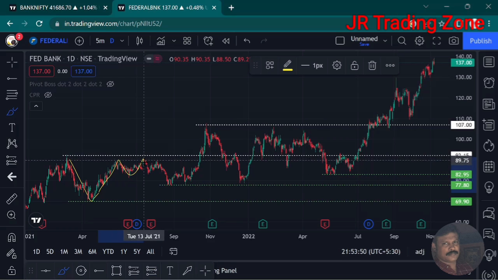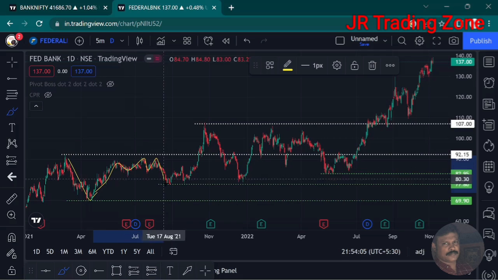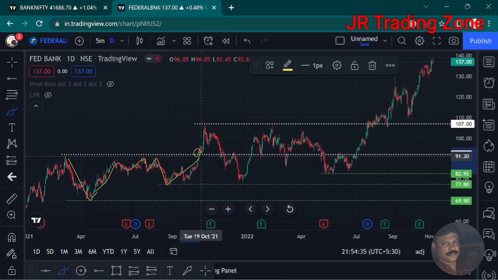You see, it is going back to the same zone. Now it's coming down. Now it is making a higher low. This area also can be marked as a support. Now it is breaking this resistance at this point, making a new resistance level or a new swing level at 107.